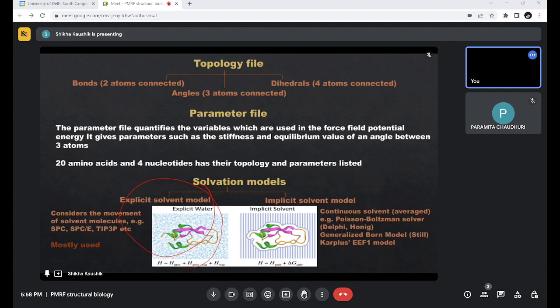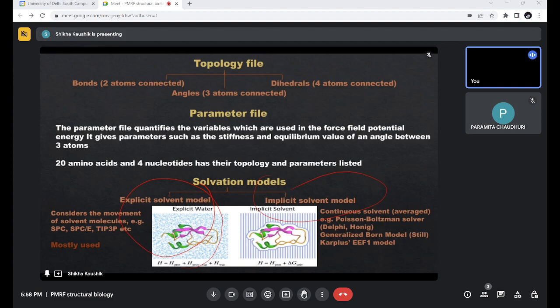And if I talk about the implicit solvent model, in this case there is a continuous medium having the average property of the real solvent. So we are providing a continuous system. We don't have thousands of molecules present around to try to reproduce the real condition of a particular protein in a real system.